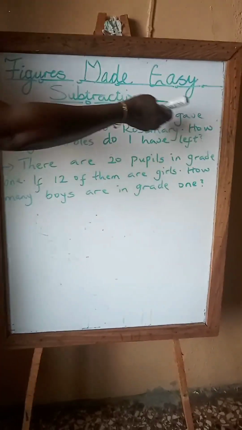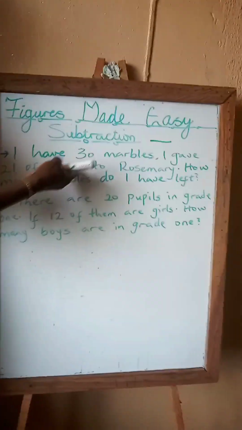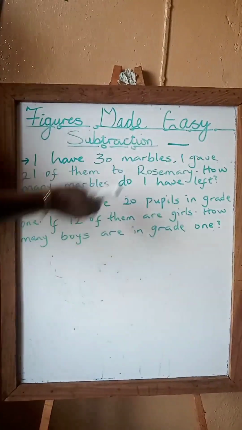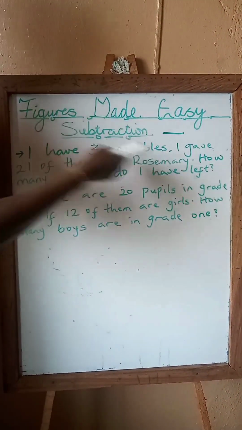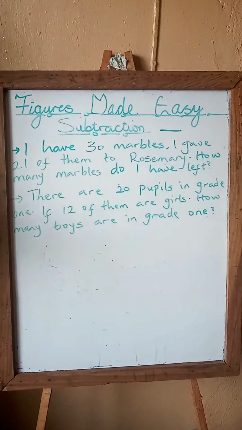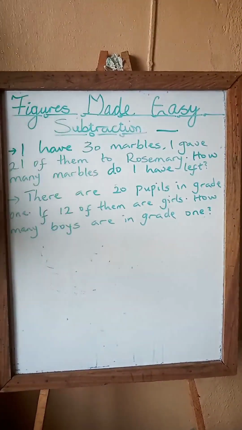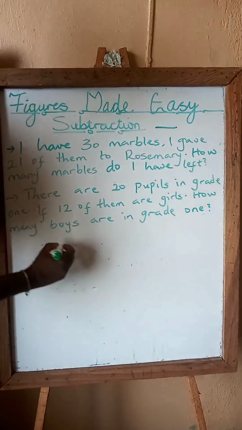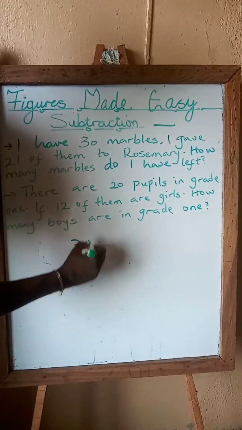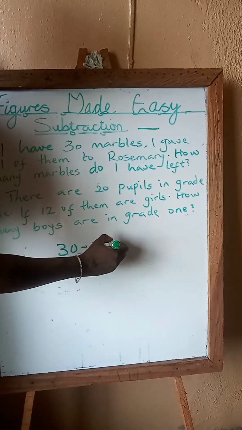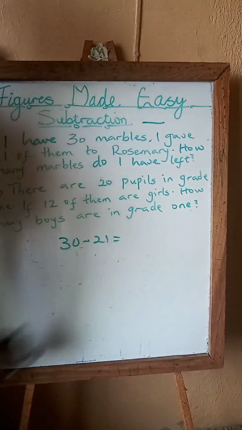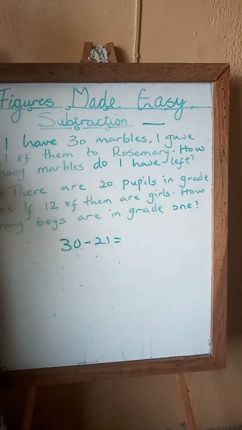Meaning, I took away 21 of them to Rosemary. If I'm not using gave, then I can say I took away 21 to Rosemary. So meaning what? I should subtract. So this simply means 30, which is my minuend, minus 21, the subtrahend, then I should get my difference.